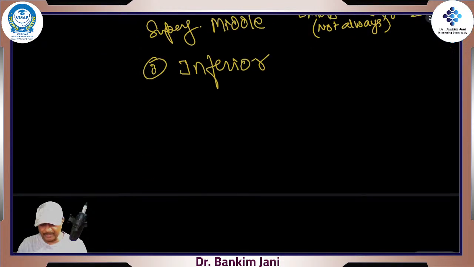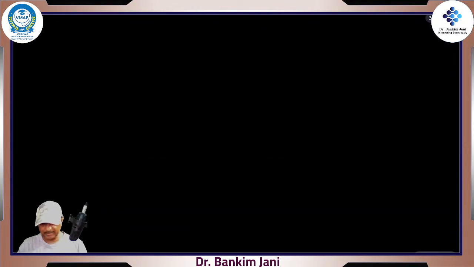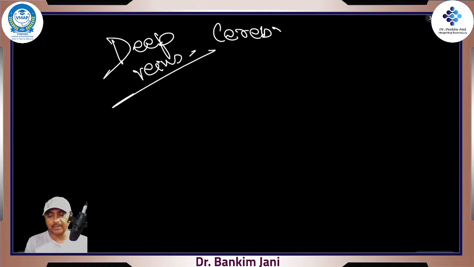For the deeper veins, same structure, right? We have got one image. We just write a few major points, and then we talk about them. So these are the deep veins, again cerebral.